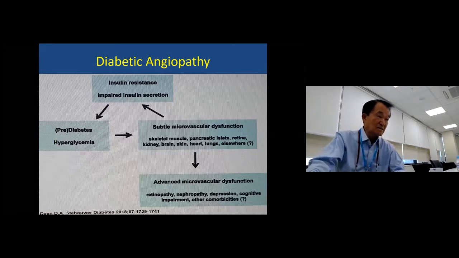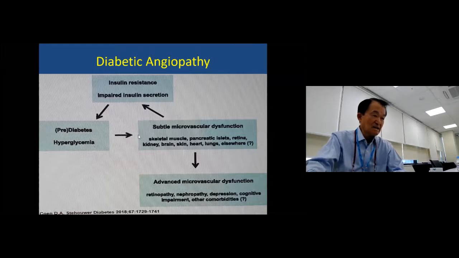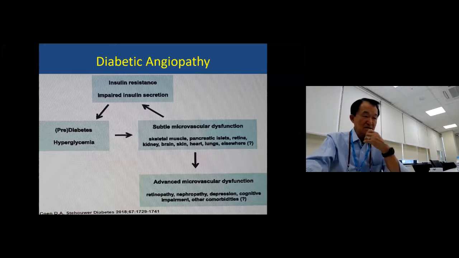So for example, in diabetes, insulin resistance certainly makes insulin resistant or insulin secretion impaired, and then the microvessels are dysfunctioning, causing retinopathy, nephropathy, depression, and other things.